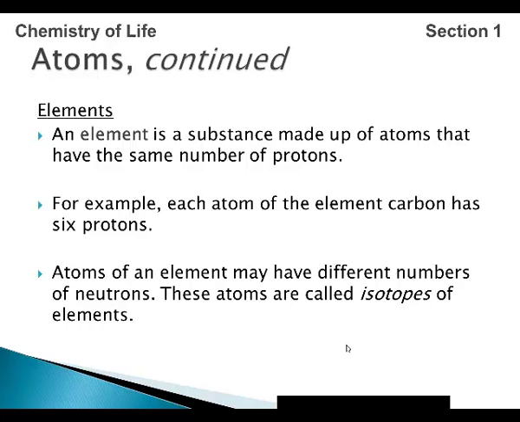So for example, carbon always has 6 protons, but carbon in different forms can have 5 neutrons, or 7 neutrons, or it can also have 6 neutrons. So we need to understand that isotopes occur where the number of neutrons can change.